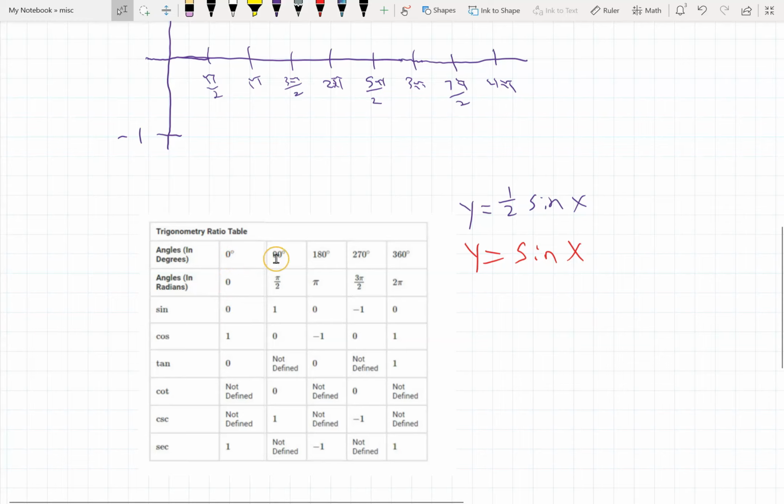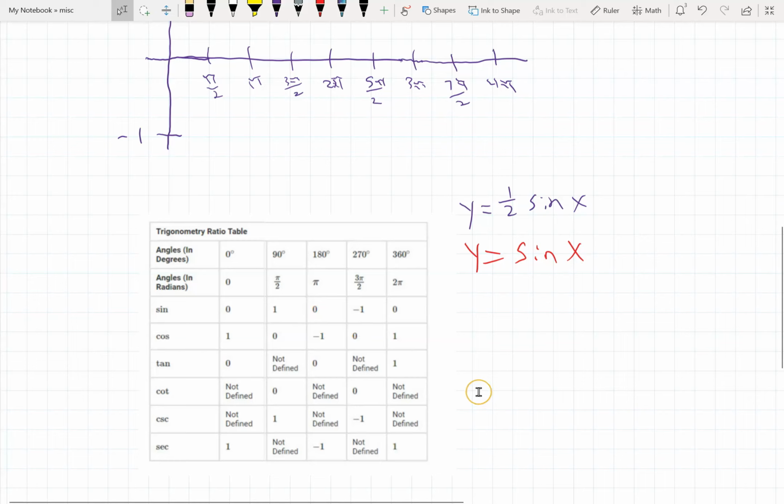We have 0, 90, 180, 270, 360, and also in radians. Pi halves is 90 degrees, pi is 180 degrees, and so forth. We have all of our 6 main functions: sine, cosine, tangent, cotangent, cosecant, secant. This is just a cleaner version of the table we filled in yesterday.